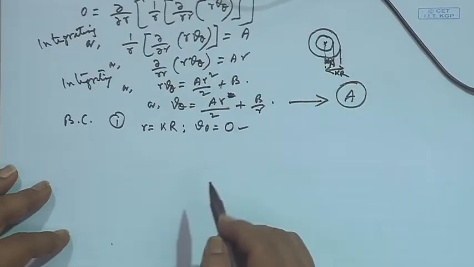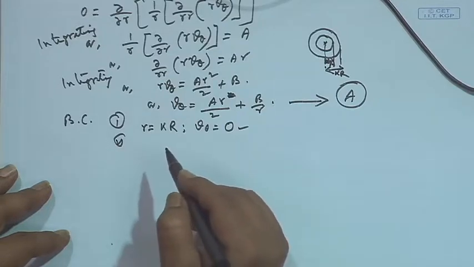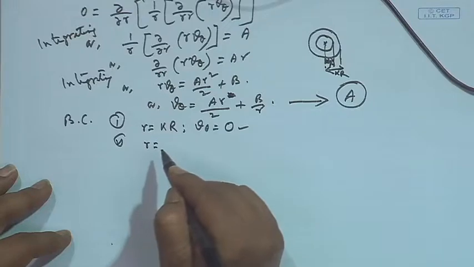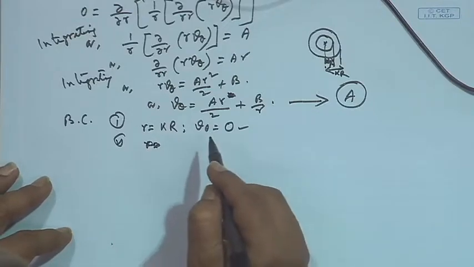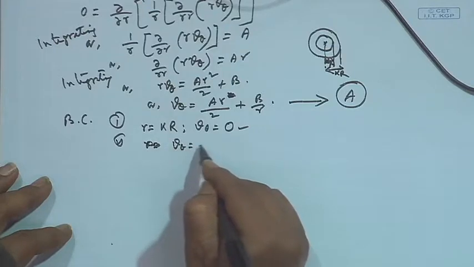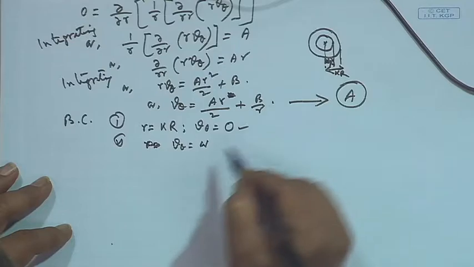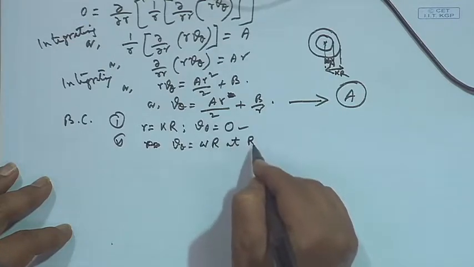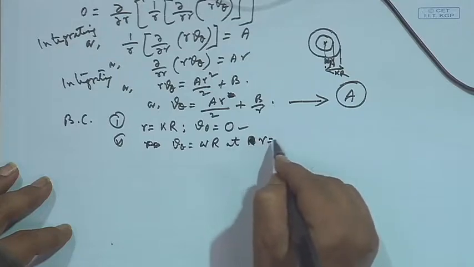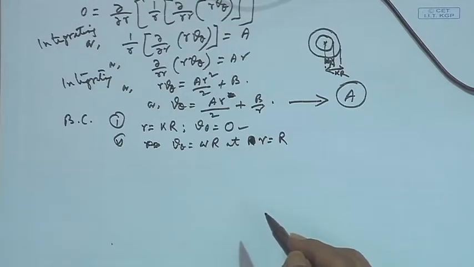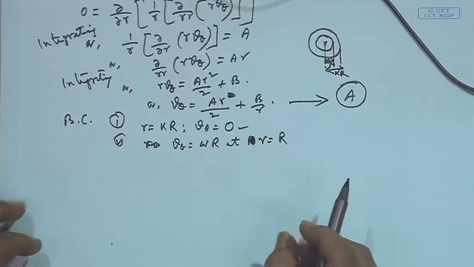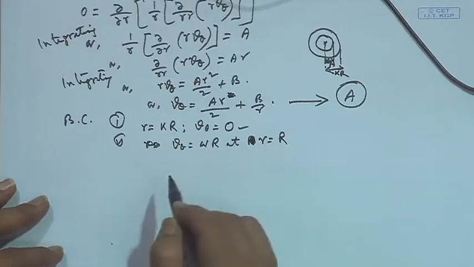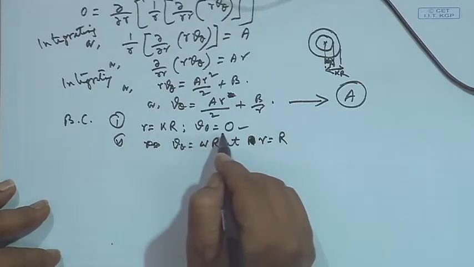So, at r is equal to kR, v theta is equal to 0, this is boundary 1, and boundary 2 is v theta is omega R at r is equal to capital R. So, these are the two boundaries we have to substitute, and when we are substituting them, then we see that the first one at r is equal to kR, v theta is equal to 0.